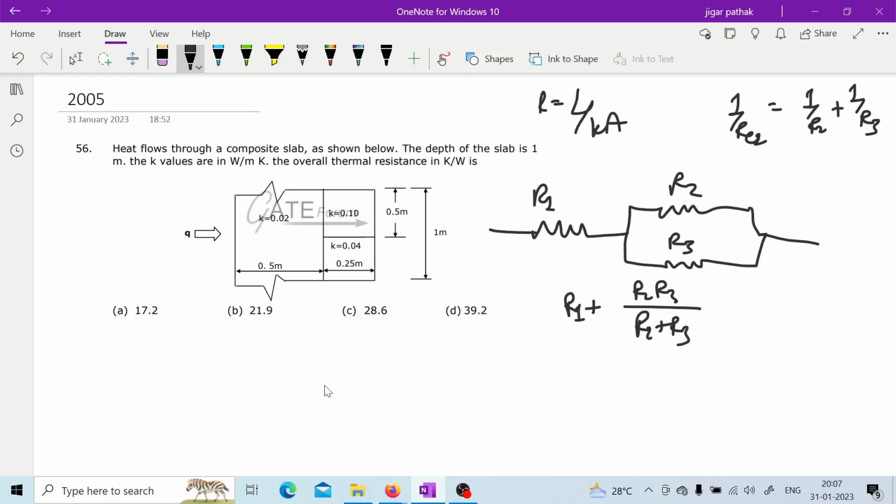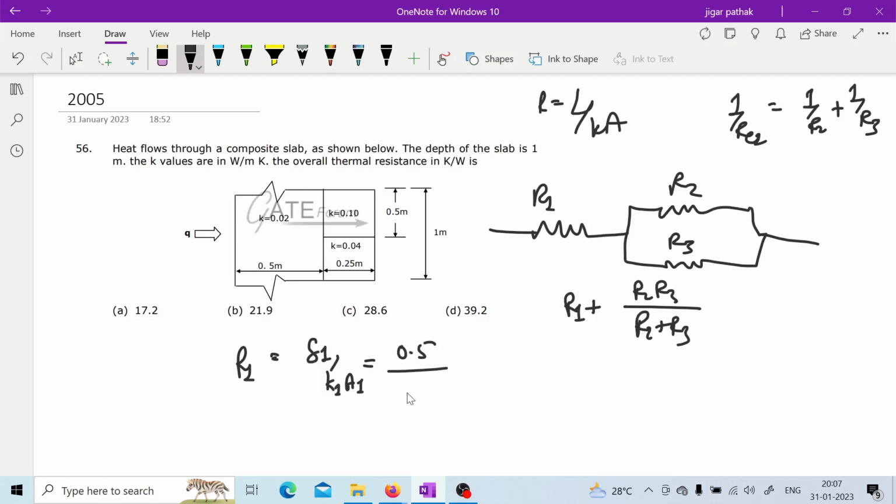So if we write all these resistances one by one, then R1 is delta 1 upon K1 A1. So delta 1 is this 0.5 length, and K1 is 0.02. Area is given here, 1 meter by 0.5, sorry, it is 1 only.